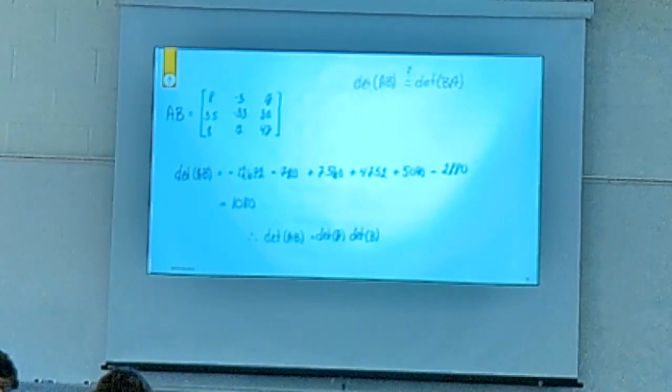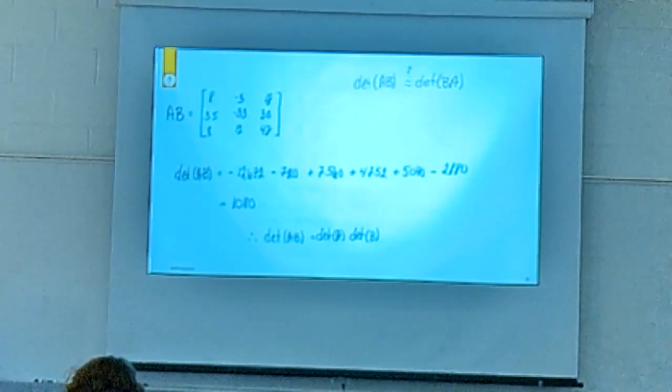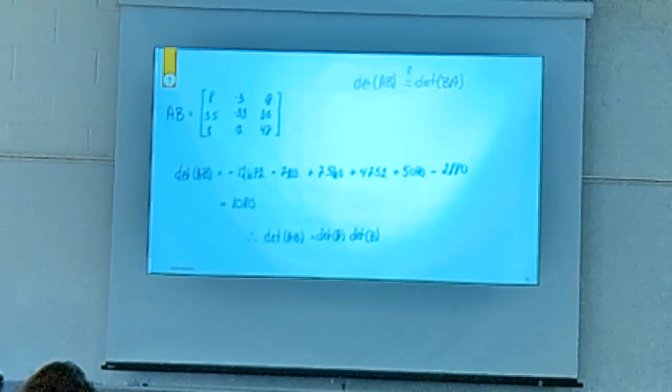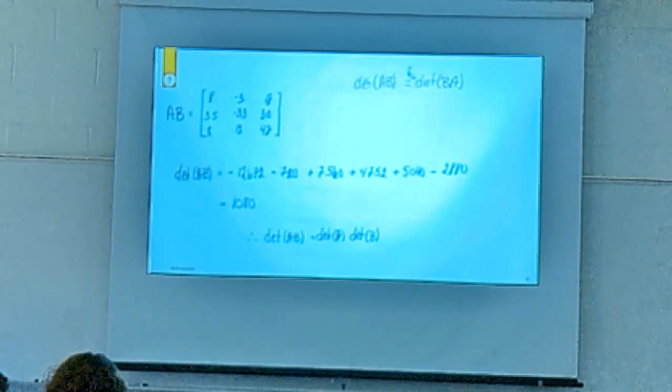Would those two determinants be equal? Why? Well, what does that do with matrix multiplication? Because you would agree A, B, and BA are not the same, necessarily. But I agree, they are equal.